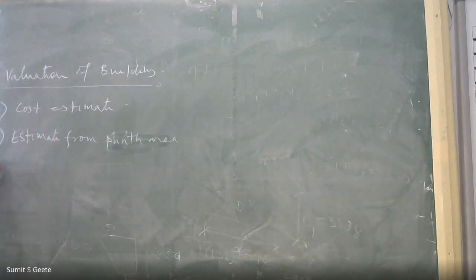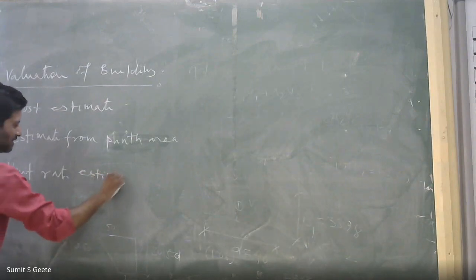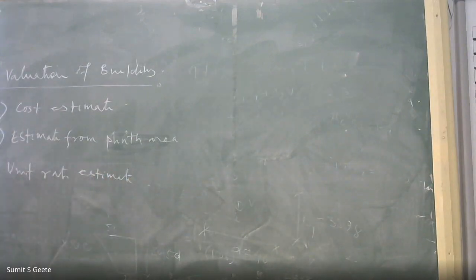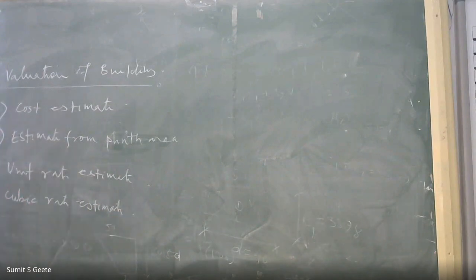Third one is unit rate estimate, and fourth one is cubic rate estimate.